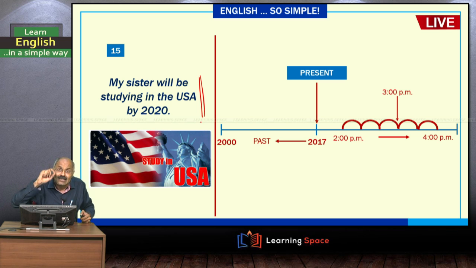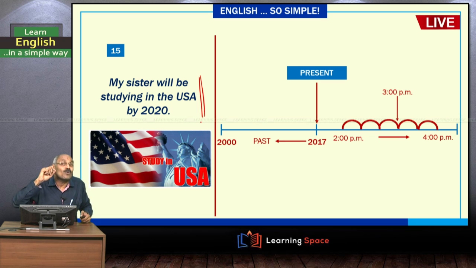So, "my sister will be studying in the USA" by should not come. This sentence indicates momentary action, but here by means some activity has been completed by then. So, the right sentence should be "my sister will have been studying in the USA by 2020", right.